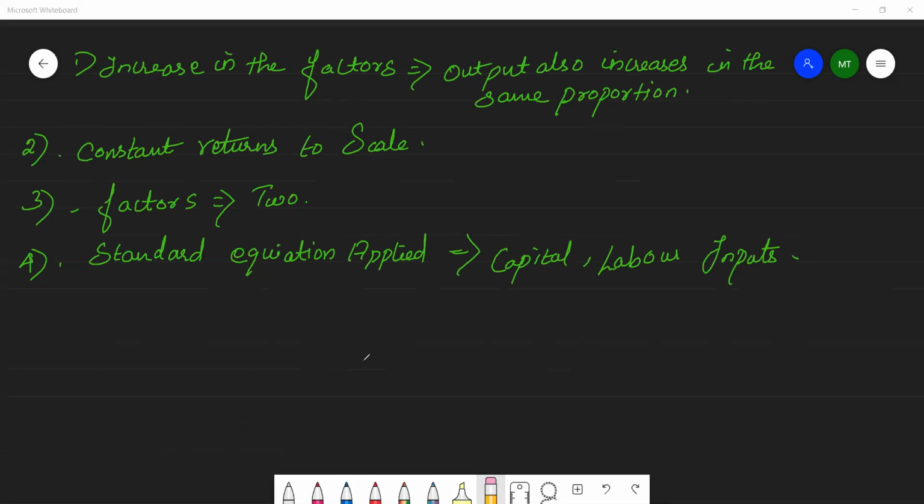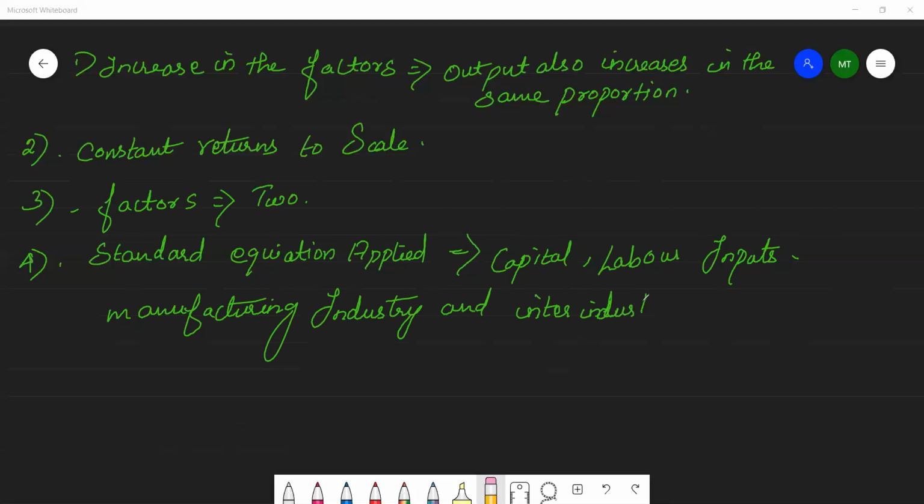It is used in empirical studies of manufacturing industry and inter-industry comparisons.